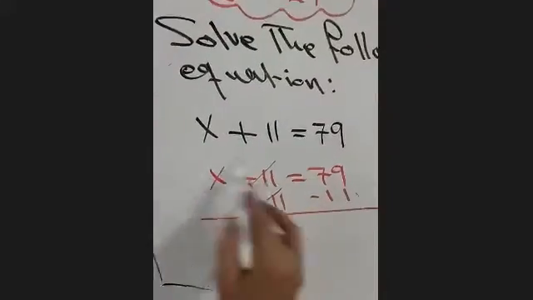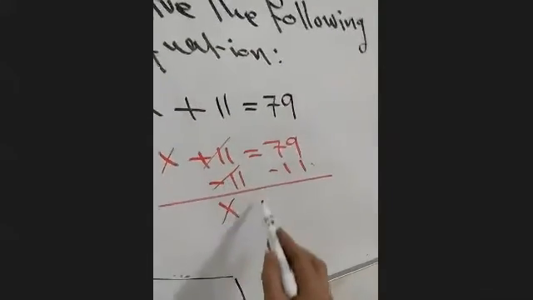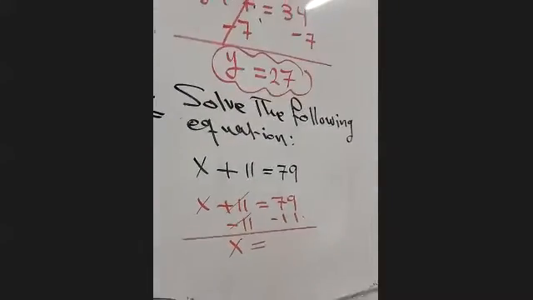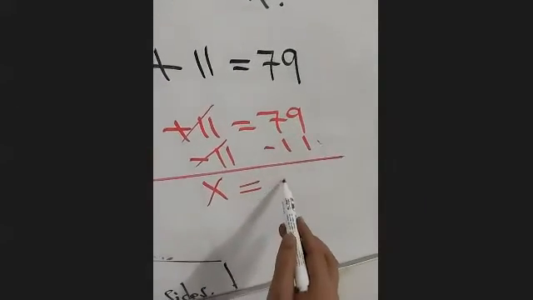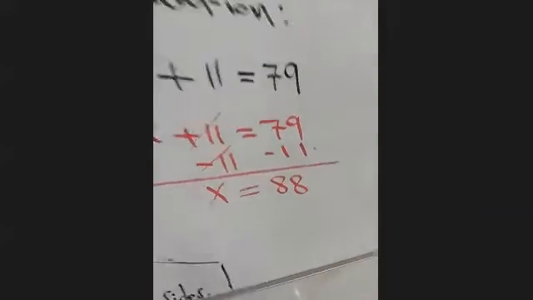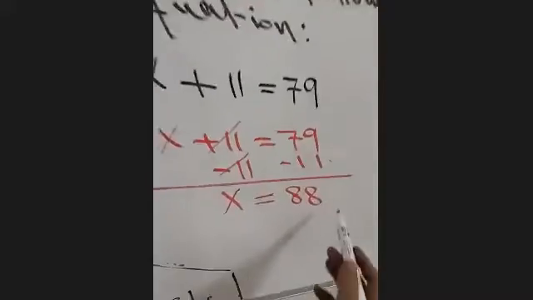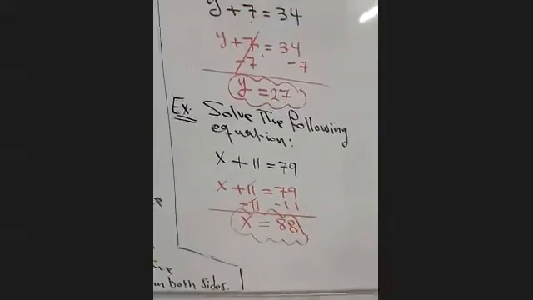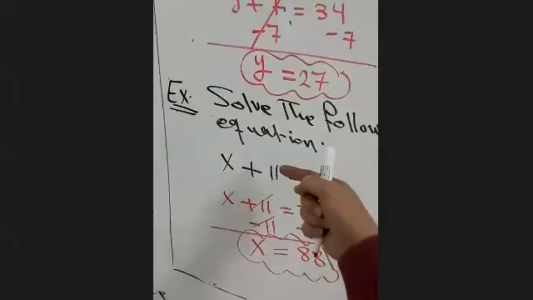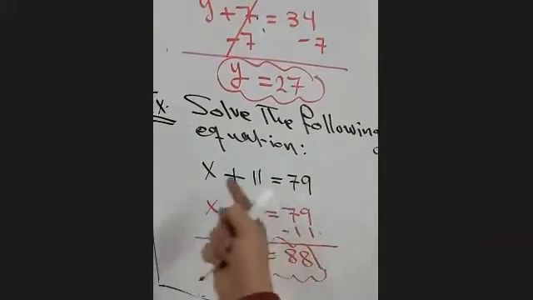Still what here? Still x. Equal comes down. Now 79 minus 11 is 68. So what's the value of x? It's 68. Now this is the solution of the equation. This is our original equation.